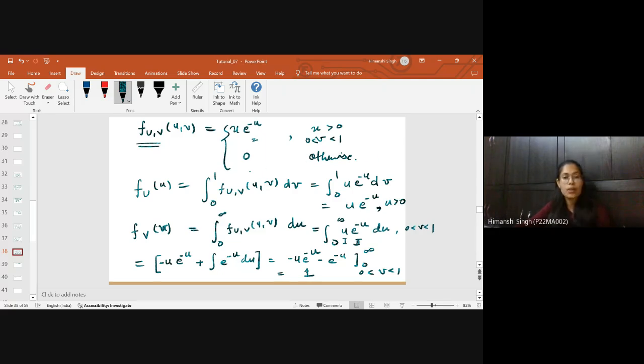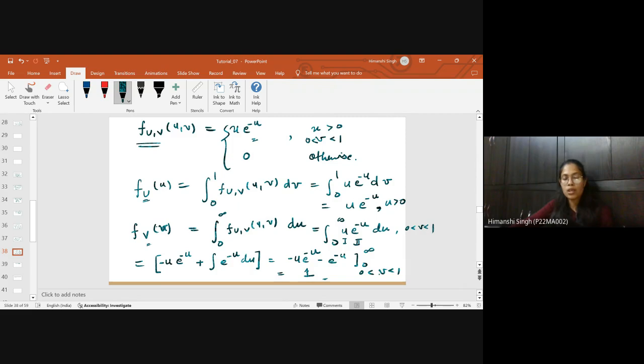Now we need to find the marginals. To find the marginal of u, I will integrate the joint density with respect to v, and I will integrate with respect to u for the marginal of v. After integrating, I got u into e to the power minus u for u greater than 0 as the marginal of u, and 1 for v between 0 and 1 as the marginal of v.